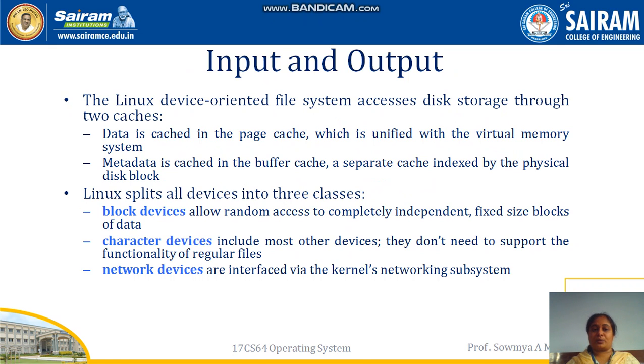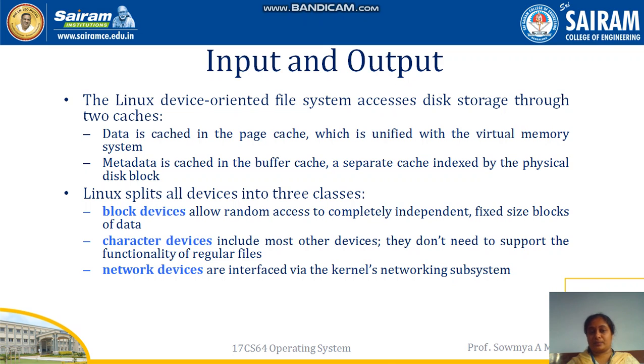Next one is input and output. Input and output of the Linux system is also similar to Unix, where data is cached in a page cache, and this is unified with the virtual memory system. Metadata is cached in the buffer cache, a separate cache indexed by physical disk block.